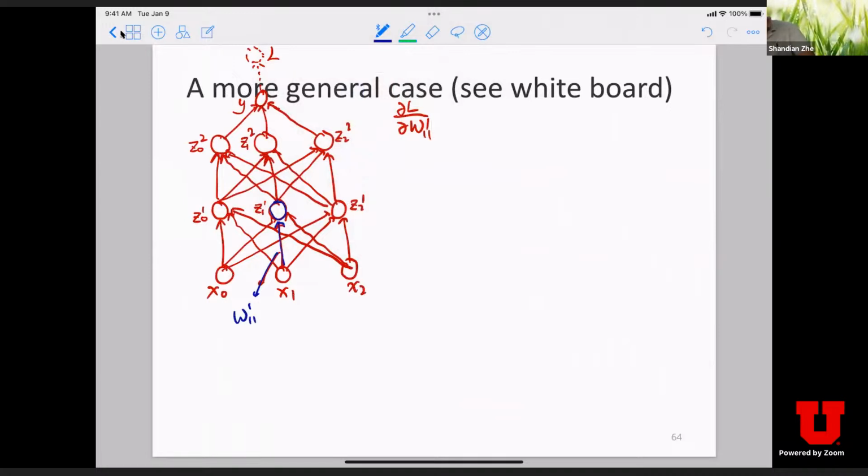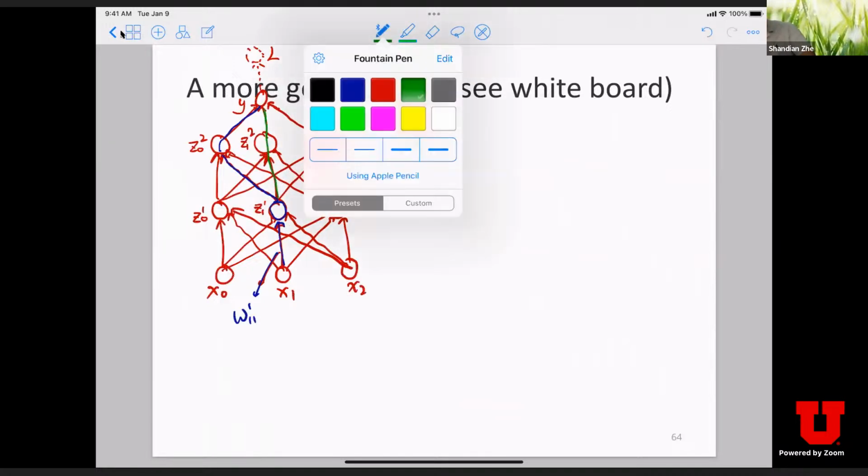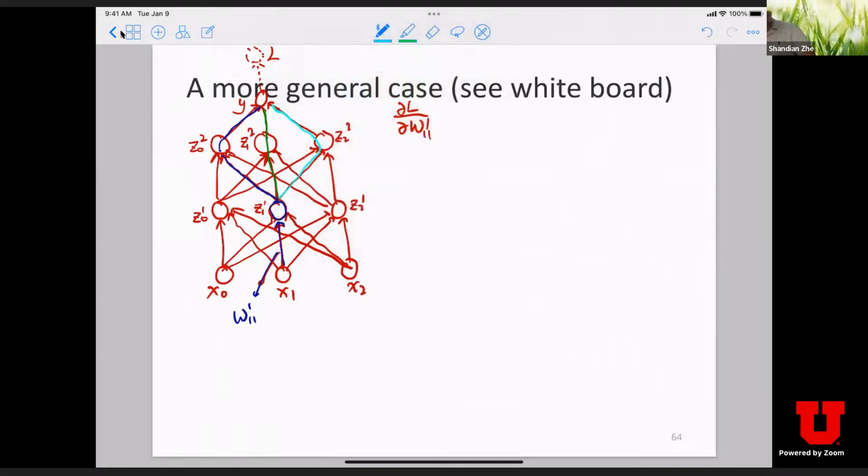So let me mark them. This is the first one, this is the second one, and this is the third one, right? To compute that, we just need to go through every path. Let us start from the left path, the dark blue one. Starting from y, we need to compute partial L over partial y.